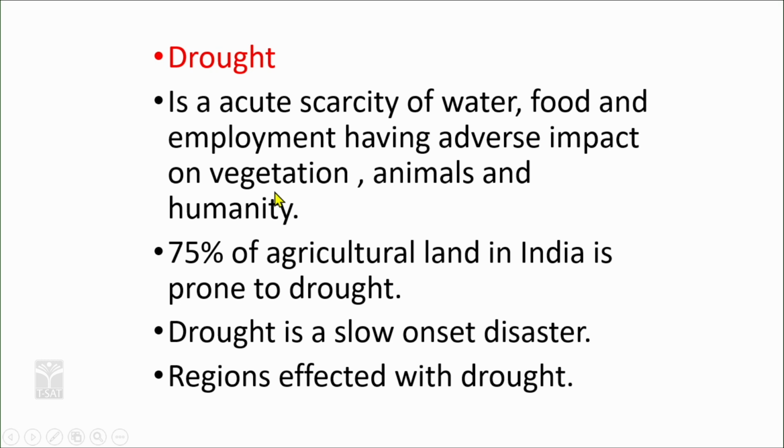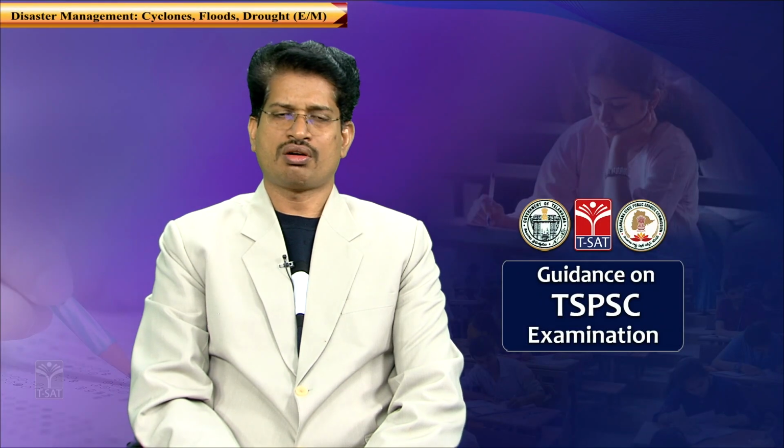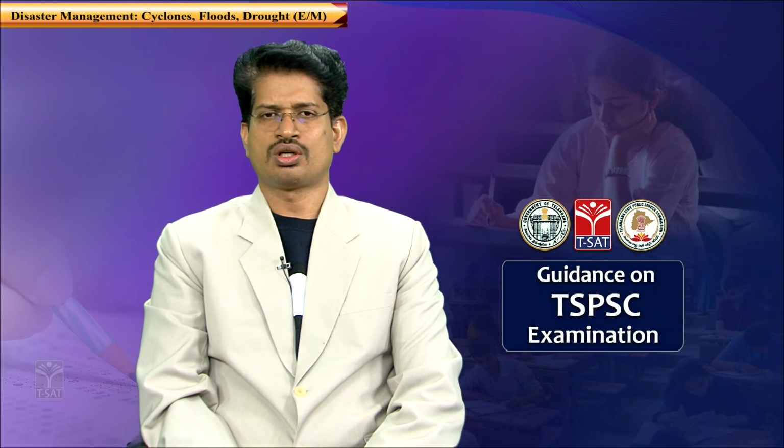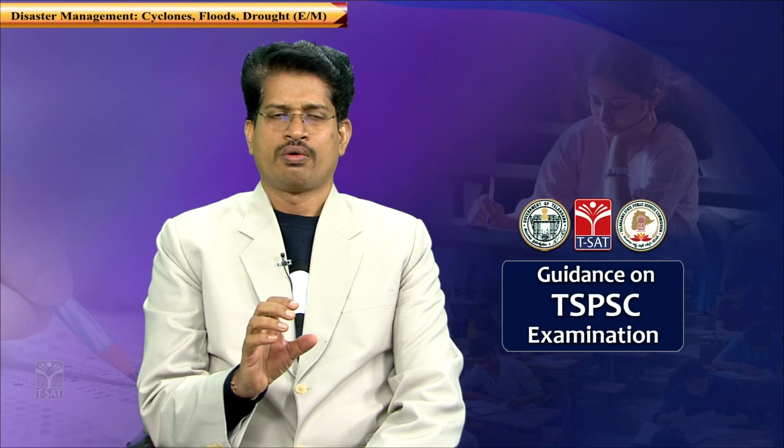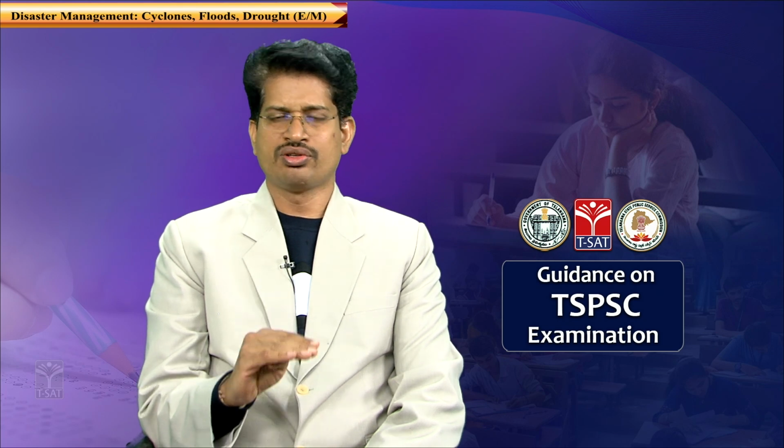So in the case of drought, it is an acute scarcity of water, food and employment having adverse impact on vegetation, animals and humanity. When you need to write regarding what drought is, this is what drought is. Even though the availability of precipitation is less, if you know how to manage the water by using different kinds of irrigation techniques, you don't suffer with drought.